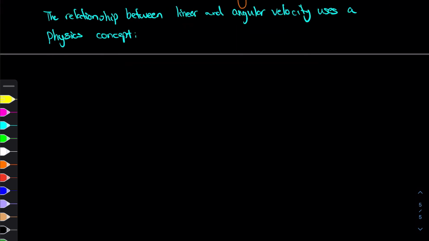And the concept is something you're all very familiar with, which is that distance equals velocity times time. Now, this concept should be pretty familiar if you've ever gone walking before, ridden a car.